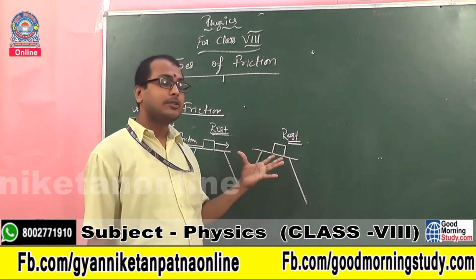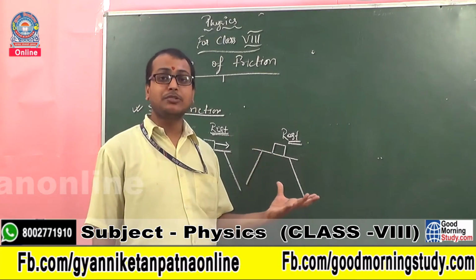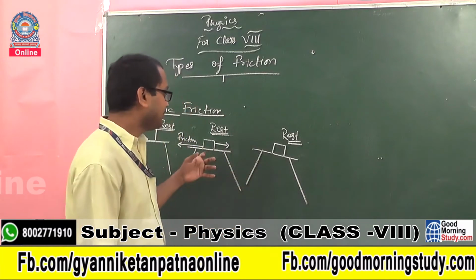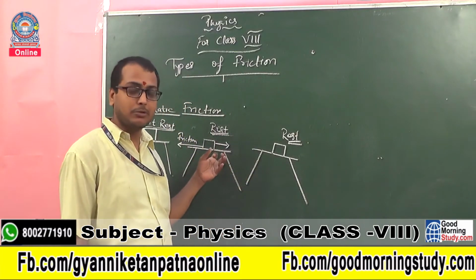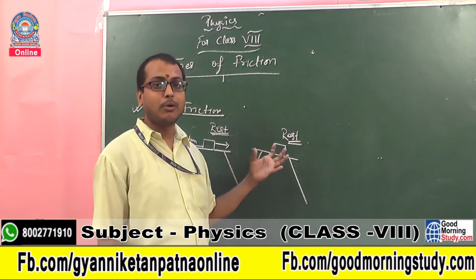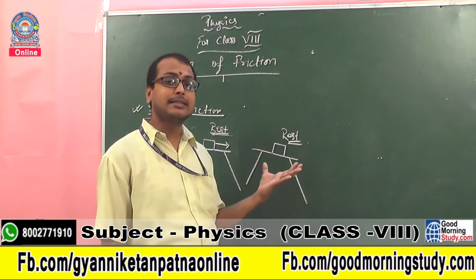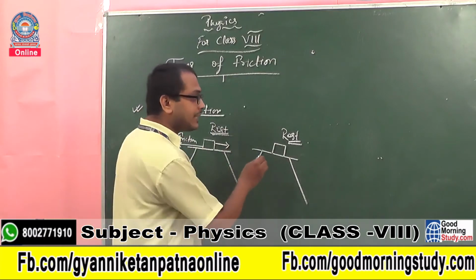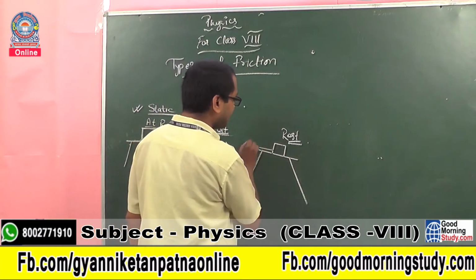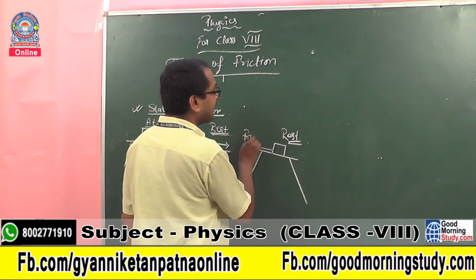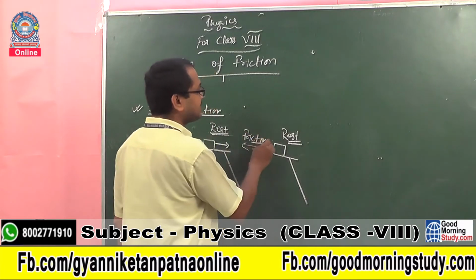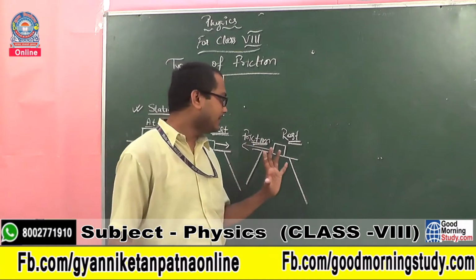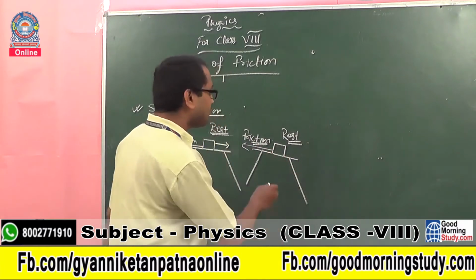This time the object has more tendency to slip, because here the inclination was low, and here the inclination is more. So the object has more tendency to slip on the surface. This time also the static friction is in the parallel direction, but with more magnitude.